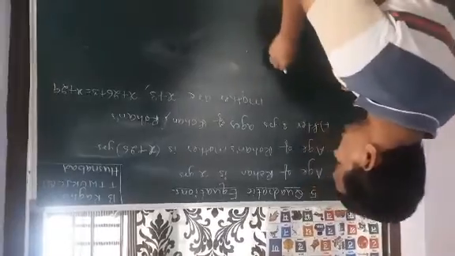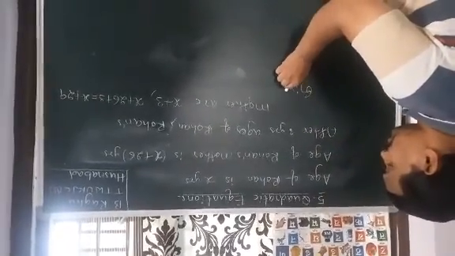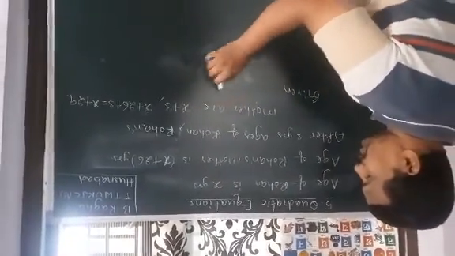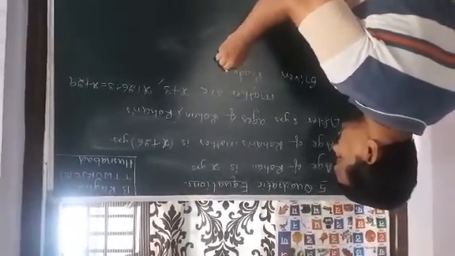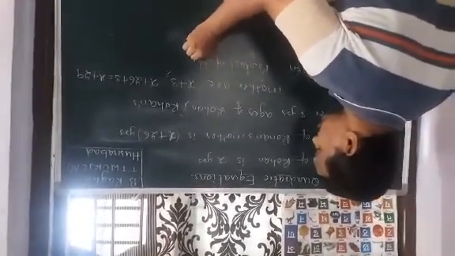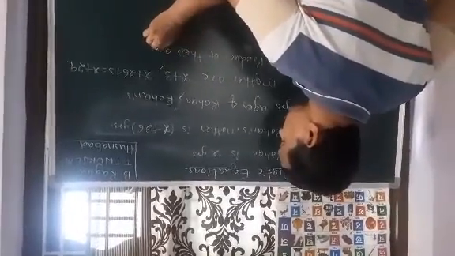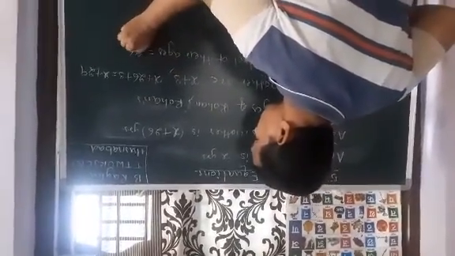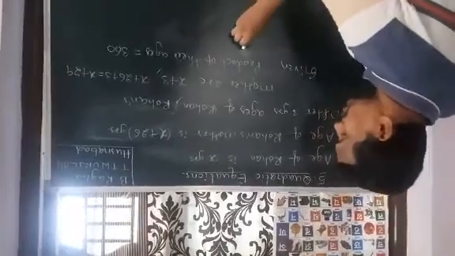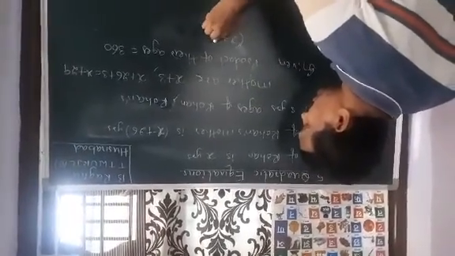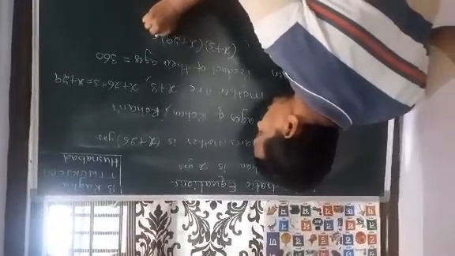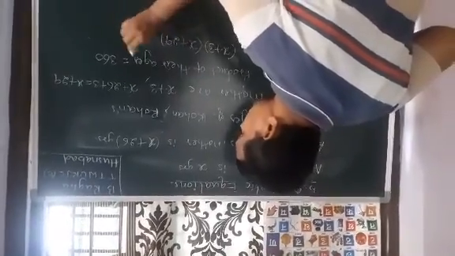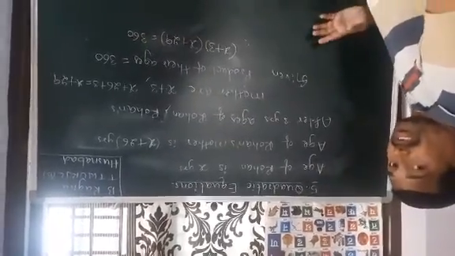Now these ages' product is given as 360. So let us take what is given: the product of their ages is 360. That means (x plus 3) into (x plus 29) equal to 360. Now let us multiply.